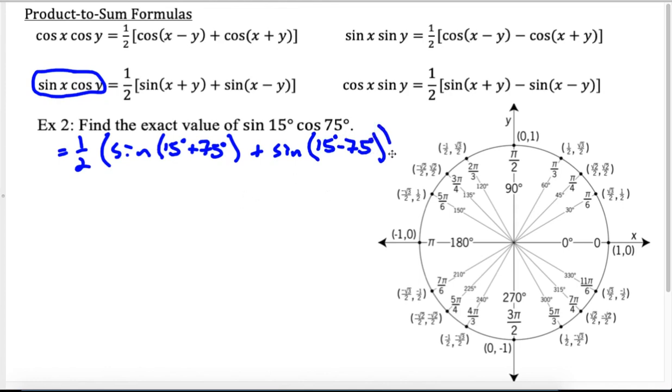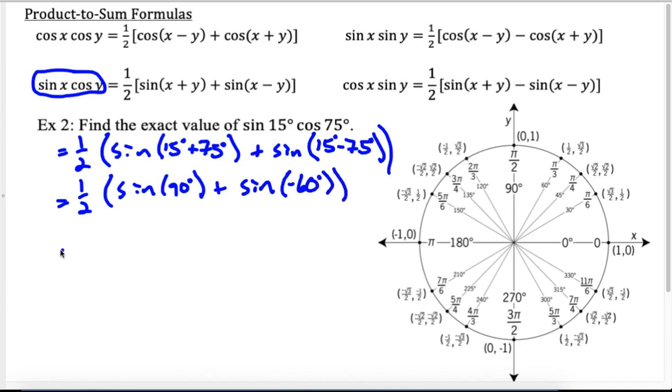Okay. So this would be 1/2 times the sine of 90 degrees plus the sine of negative 60 degrees. And then I can actually get these values from the unit circle. Right?